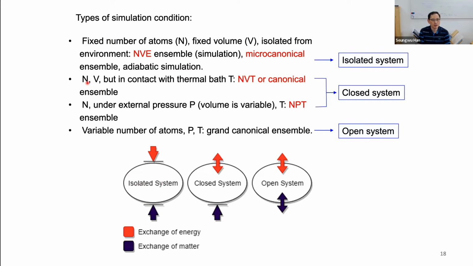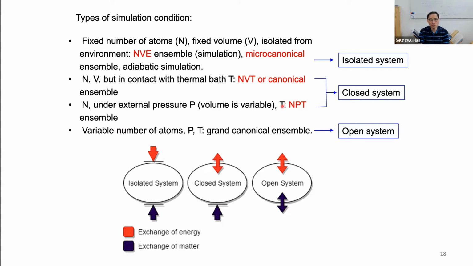But if you fix the number and the volume, and the system is in contact with a thermal bath at temperature T, which exchanges energy, then it is called NVT, or canonical ensemble. And you can also allow the volume to expand or shrink according to the external pressure. In this case, it is called the NPT ensemble.